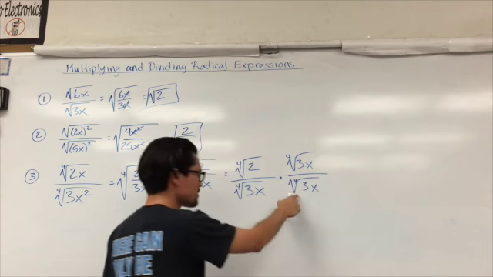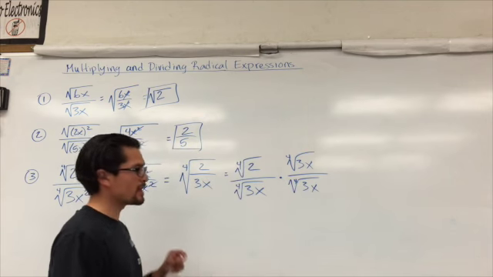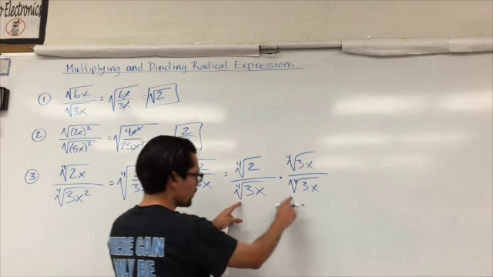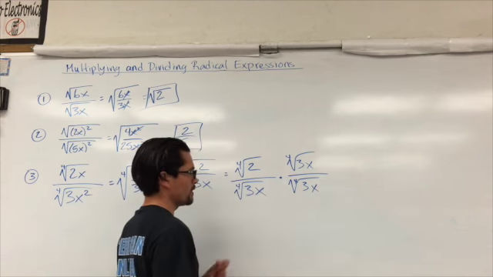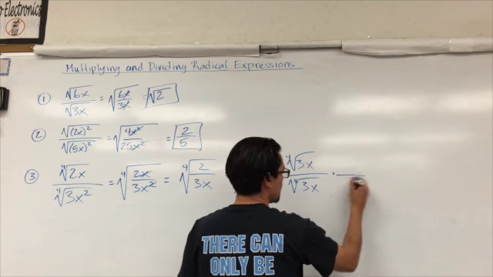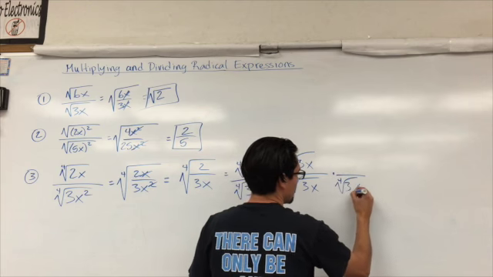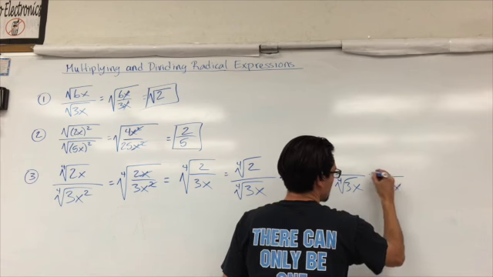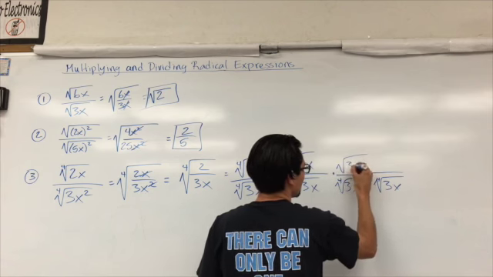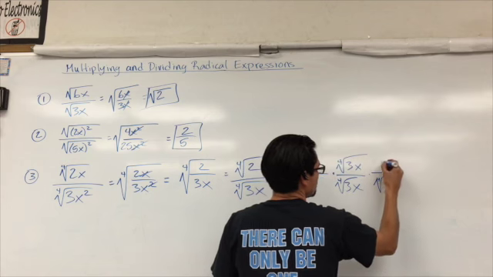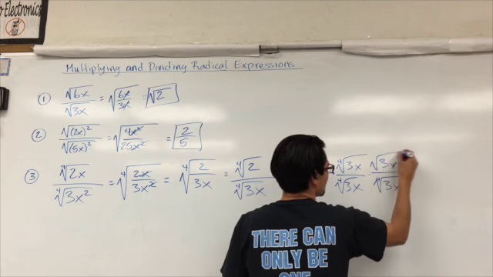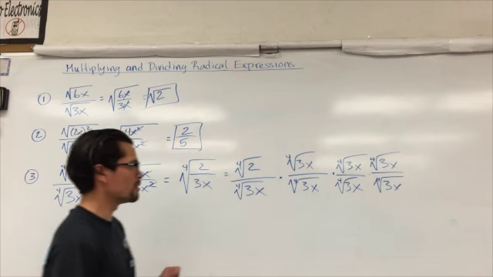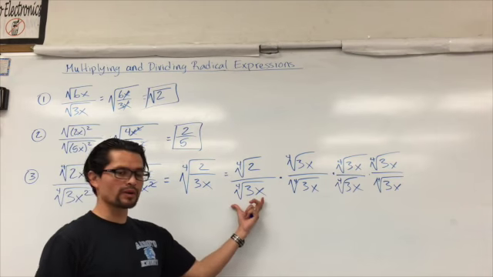But multiplying times the 4th root of 3x once is not going to be enough, because you need 4 sets of that in order to get rid of it. So I'm going to have to do it again and again. That's what we need to do to get rid of this radical in the denominator.